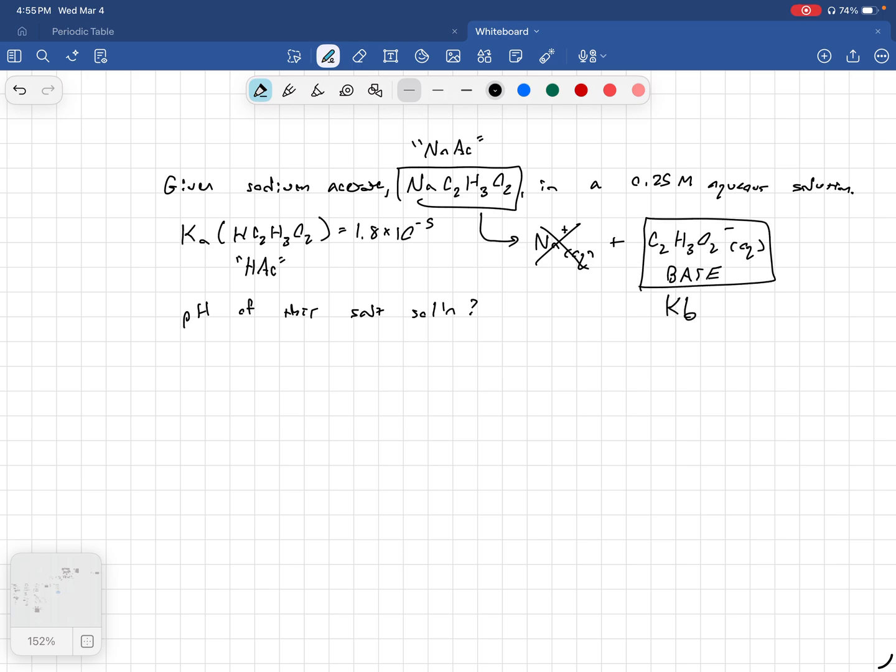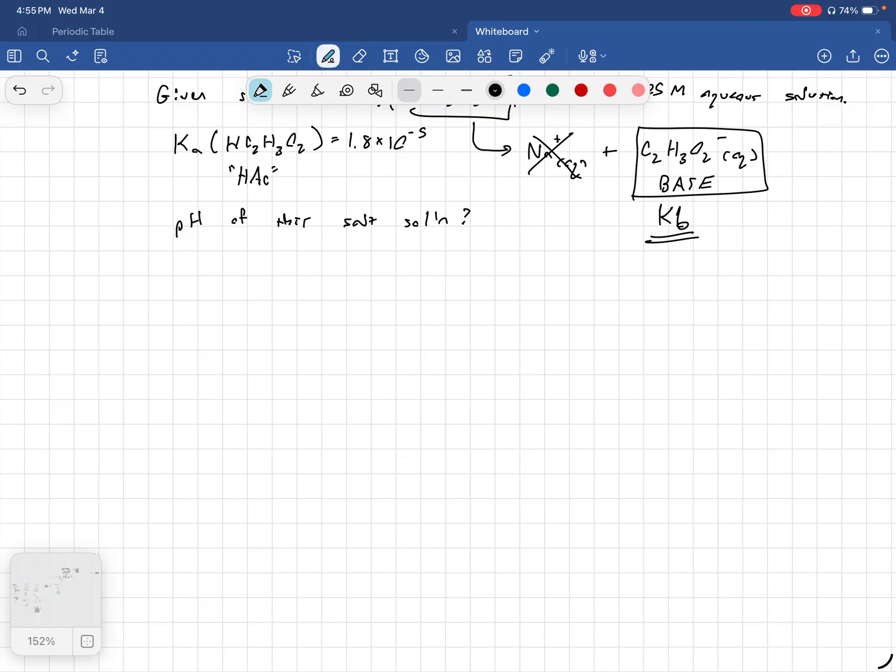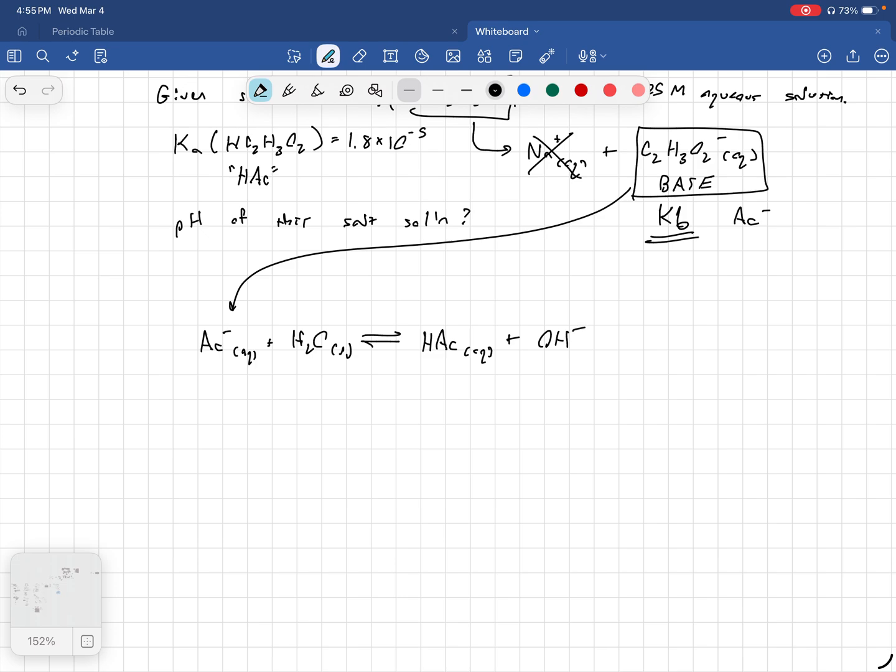So this is actually a Kb problem, not a Ka problem. You need to pay attention. So our base, I'm just going to call this AC minus. So AC minus aqueous, plus water liquid, in equilibrium, we get HAC, again just shorthand for acetic acid. And since this is acting as a base, we get OH minus as our product.